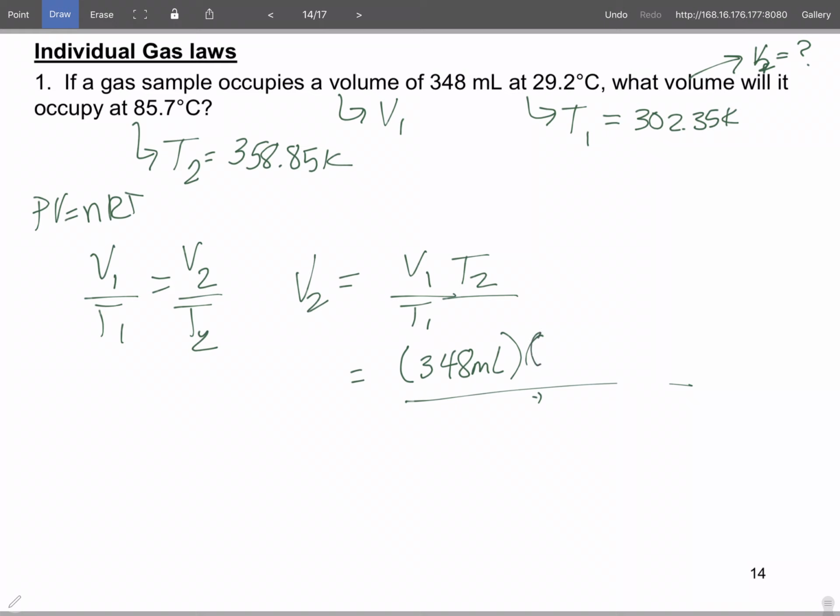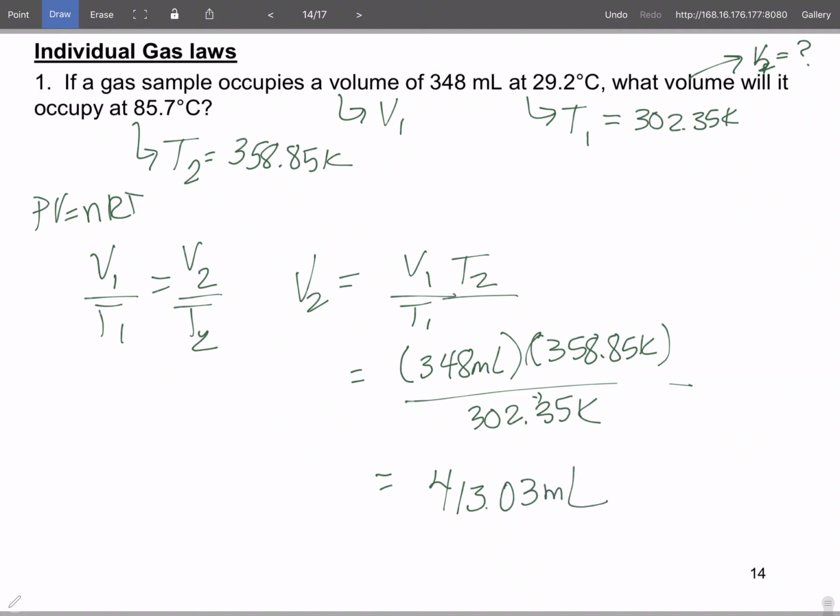So I need T2 on top, which is 358.85 K. And I need T1, which is 302.35 K. So if you think about it, temperature and volume are proportional. So the temperature is going to rise, so your volume should get bigger.